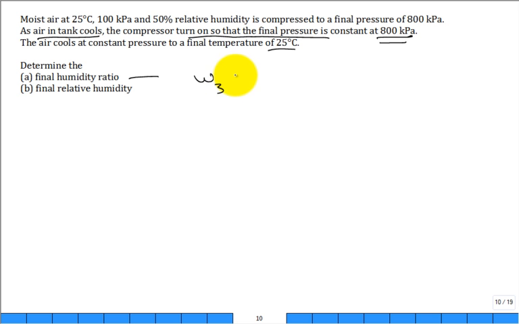Well, you could start by saying, I'm going to assume that nothing condenses, and then I'll make some calculations. And when you do that, you can calculate the partial pressure of the vapor at 3, and then you can calculate the relative humidity at 3. It'll be greater than 100%. So it wasn't a good assumption that nothing condenses. So now you turn around and say, no, I'm going to assume the relative humidity is 100%.